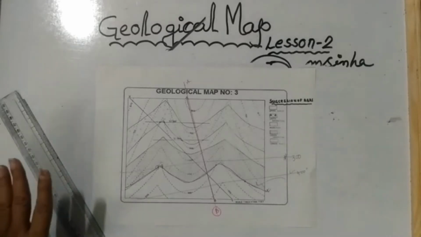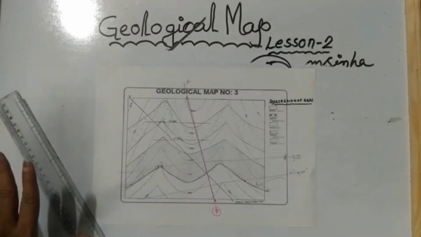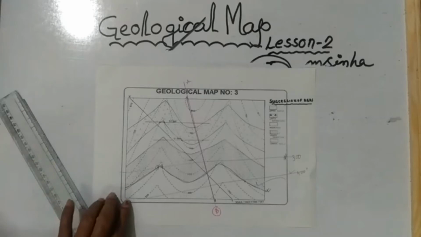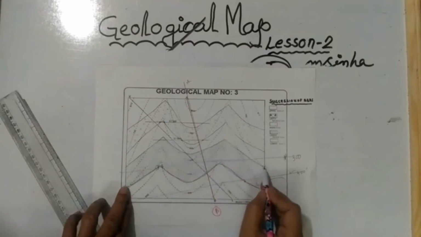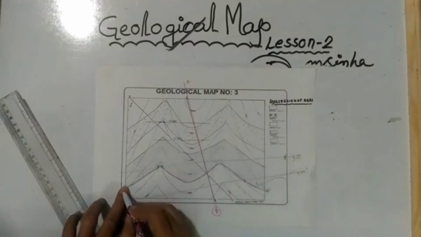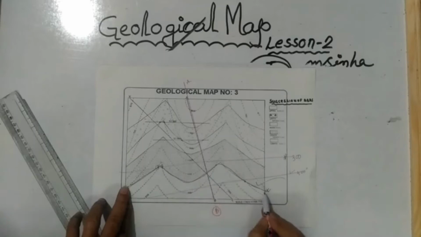Okay, the easiest way to identify the strike point is to go through a contour and go through the bedding plane. The upper part of the bedding plane is known as the upper boundary of the bedding plane. The lower part of the bed is known as the lower boundary of the bedding plane. Suppose you have to choose one. If you identify the upper boundary, then you have to follow the upper boundary.